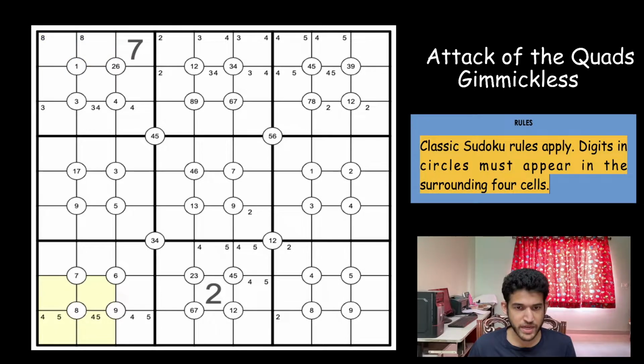That gives me an 8 in these 3 cells, which I'm not going to use for now. Okay, there is a 1 in these 4 cells and 1 in these 4 cells, which means there is no 1 here. So 1 goes here. And similarly, 3 in these 4 cells, 3 in these 4 cells, so 3 goes here. You can't have a 3 here.